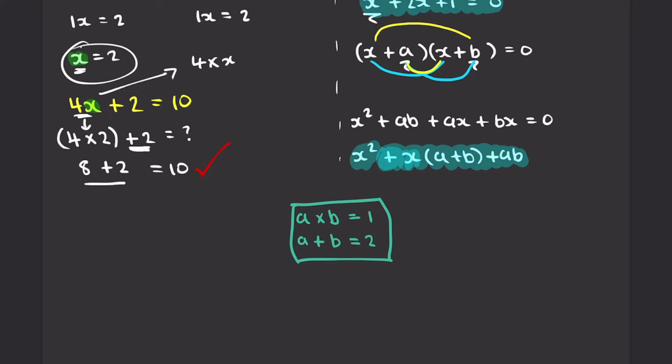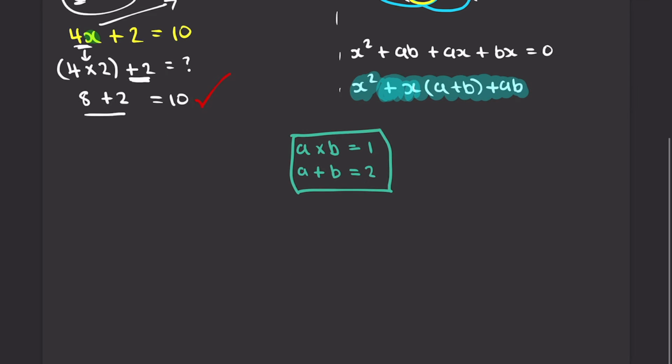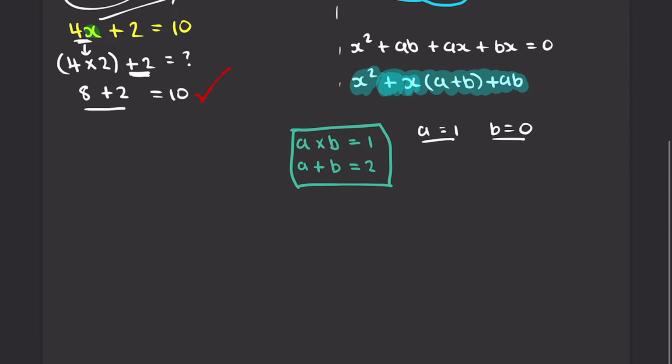So what we can do here is find two values, a and b, which satisfy this and this. So let's substitute some values in. Let's make a, I don't know, equal 1, and let's make b equal 0. So, do these two values satisfy these two rules? Well, let's see. a times b simply means 1 times 0.